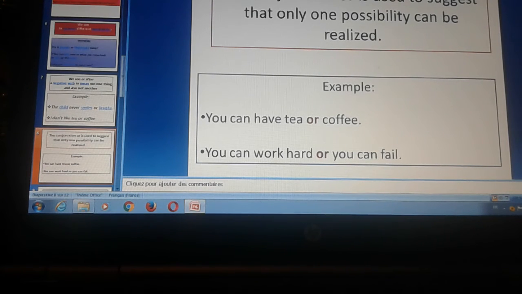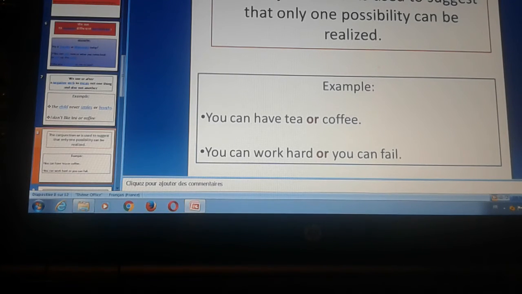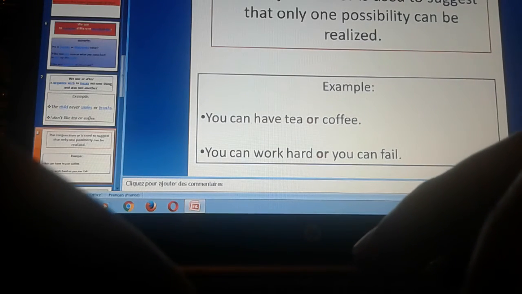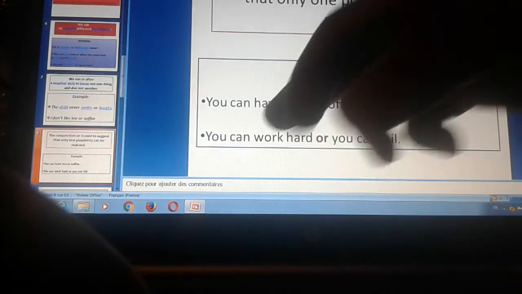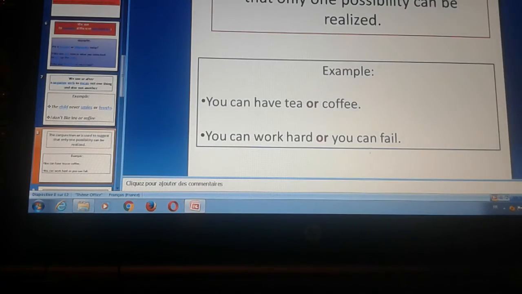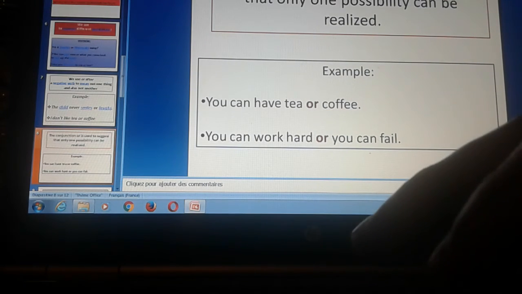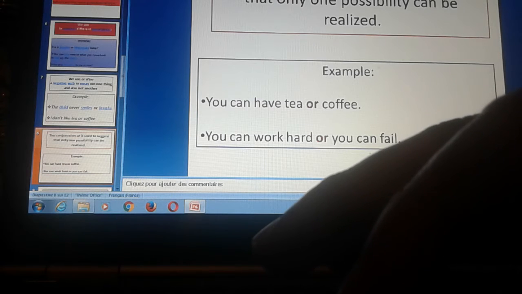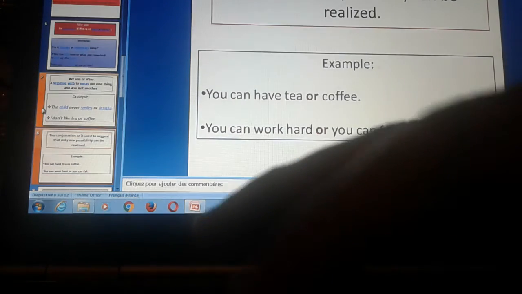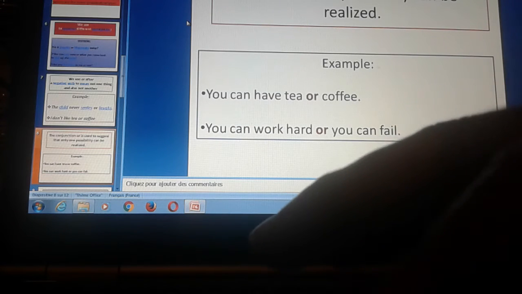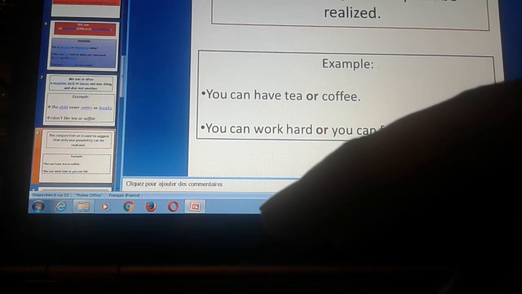We use or to suggest that only one possibility can be realized. Here is another example: you can work hard or you can fail. This is also two different possibilities. Now let's move to see another example.